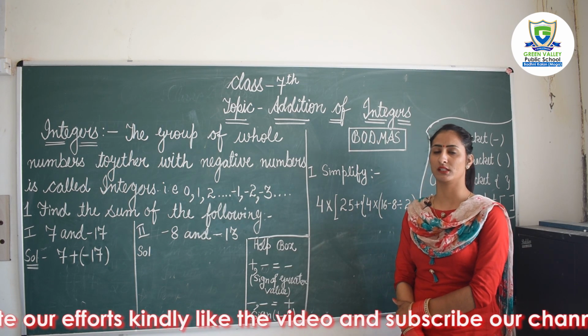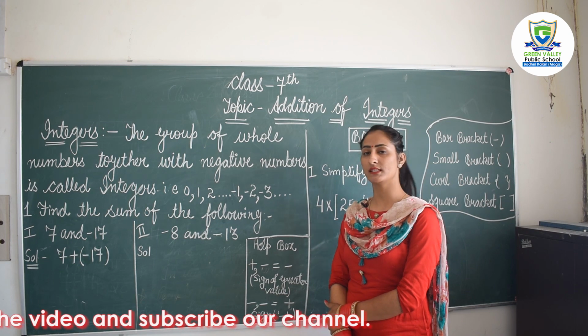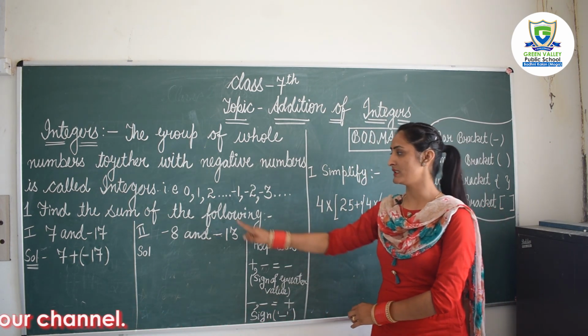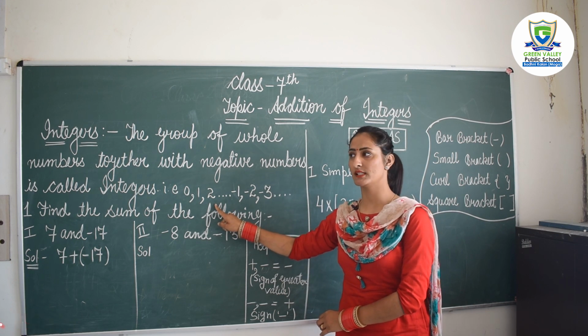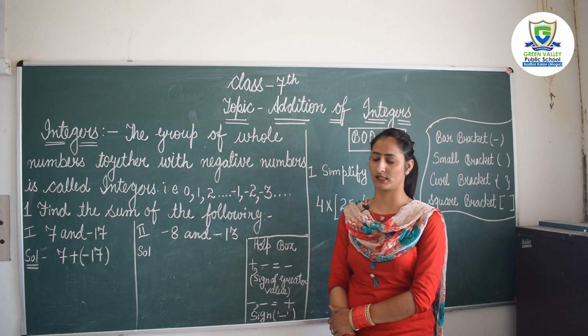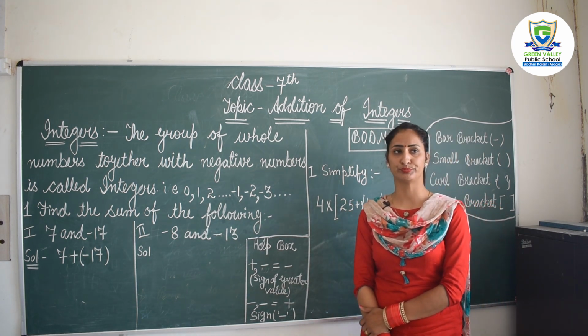Any number included with 0. 0 is also an integer. Any number which is positive or negative is a form of integers. Positive numbers are called positive integers and negative numbers are called negative integers. You can relate these integers to your day-to-day life.